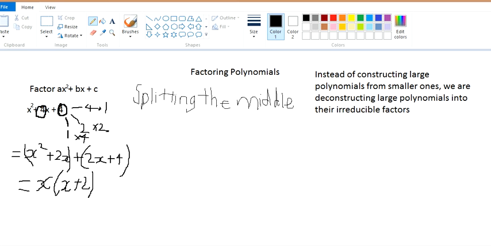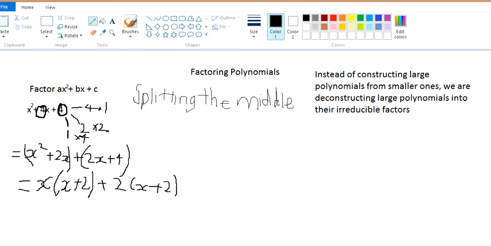Well, obviously, we cannot take out an x here since we don't have a 4x and a 2x squared. However, we can take out the coefficient of x in this case, which is 2, and 4 is divisible by 2. So let's take out 2, and we are also once again left with x plus 2.